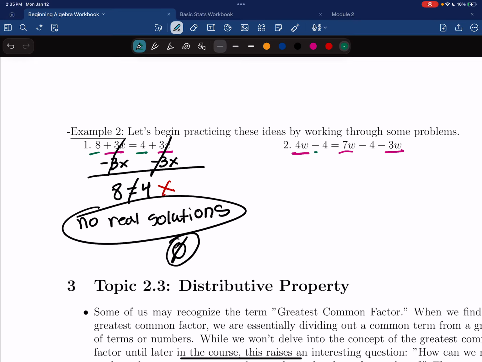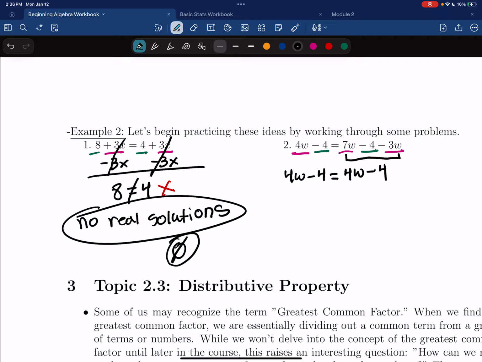We also have -4 and -4. So let's first start off by combining the like terms on this side of the equation. So we're going to get 4w minus 4 equals 7w minus 3. Well, that's going to become 4w minus 4.